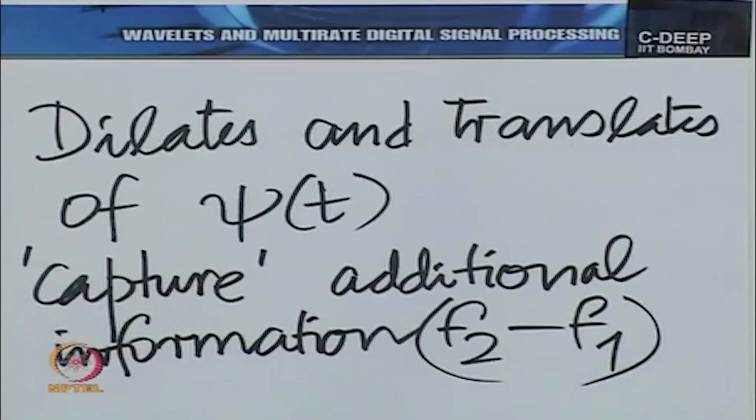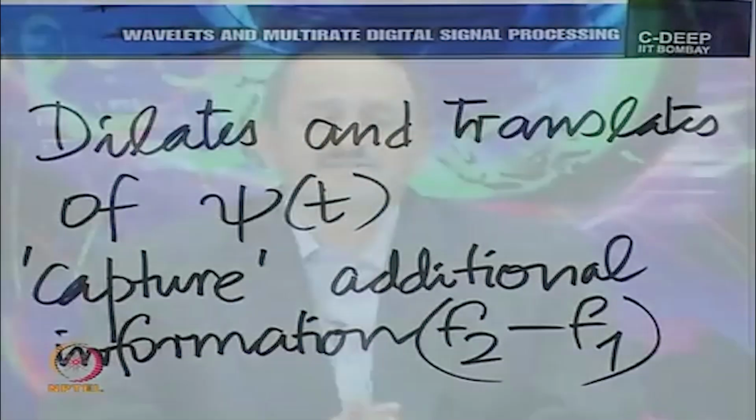Let us spend a minute in reflecting about why this is so important. What have we done so far? Just looks like very simple functional analysis or just a very simple transformation or algebra of functions. What is so striking in what we have just said? What is striking is that what we have done to go from T to T by 2 can also be done to go from T by 2 to T by 4.